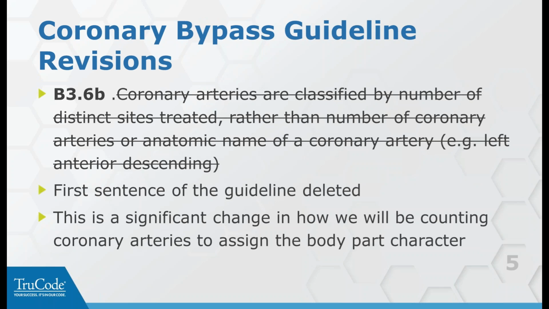They also made a change in the way that we are doing body parts for coronary bypass grafts. Previously, the guideline had said that we were going to code the coronary arteries classified by the number of distinct sites treated. They basically have eliminated that so that we are going to be counting coronary arteries treated rather than sites treated.